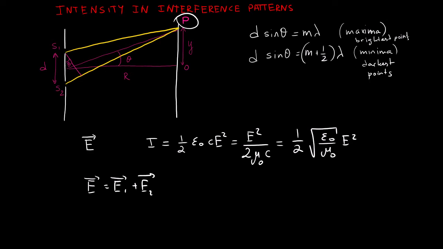Since E1 and E2 are essentially parallel on a screen far away compared to the slit separation, the magnitude of the electric field at angle theta, which is at a point P, will be E theta equals E1 plus E2. Both E1 and E2 change sinusoidally with a frequency of c over lambda, but they differ in phase.